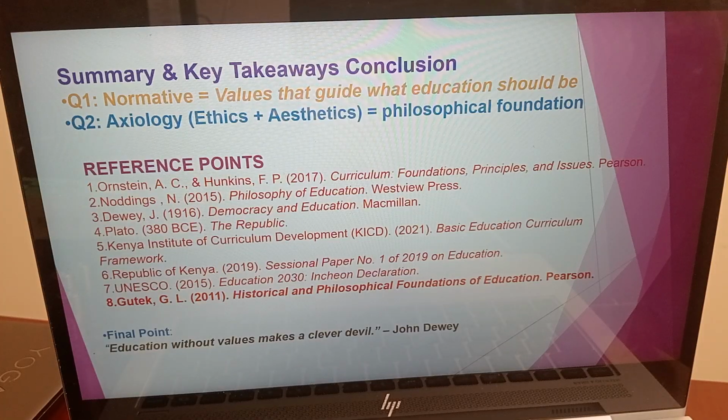In summary, we have looked at the normative dimension and we have said that it is values that guide what education should be. In question two, we looked at the branch of philosophy that is associated with the normative dimension of education, and we said it's axiology, and it has two sub-branches, that is ethics and aesthetics, and it forms the philosophical foundation.